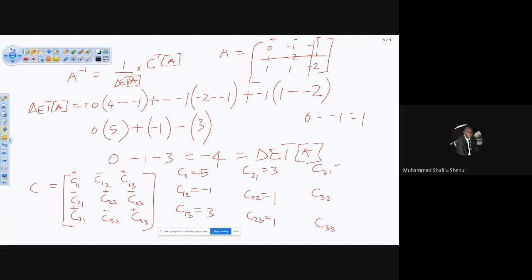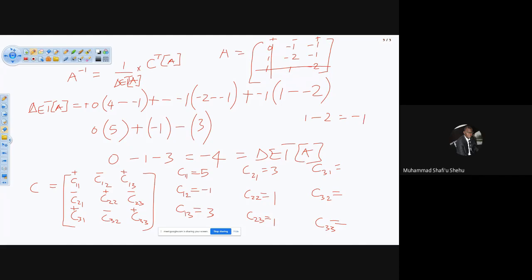Then matrix 3, 1 means row 3, column 1. We are left with -1 multiplied by -1, which is going to give us 1, minus 2 multiplied by -1, which is 2. We have -1 as the answer.